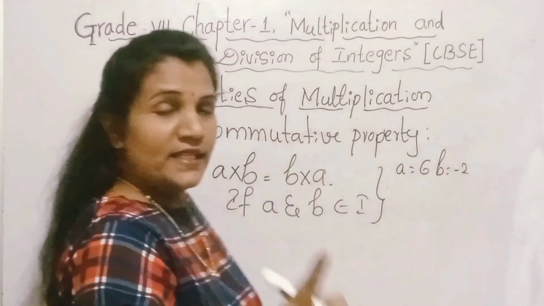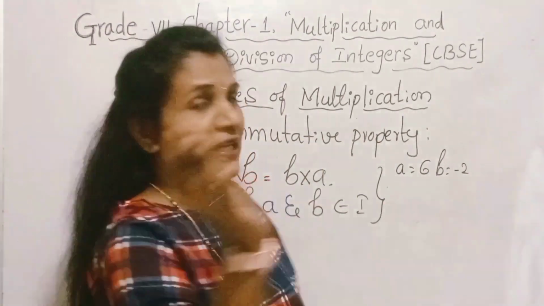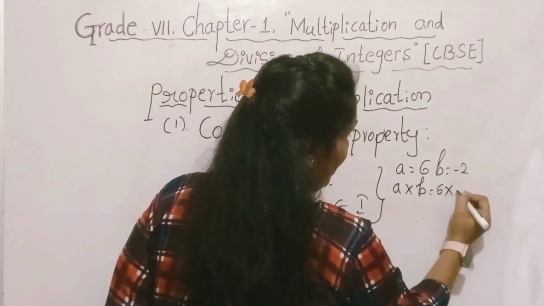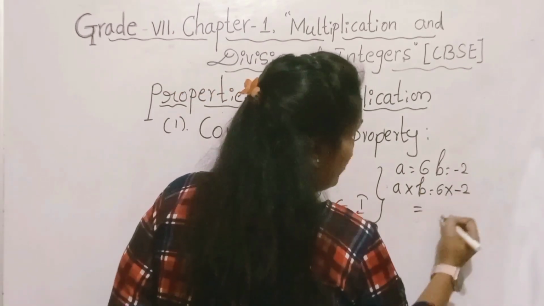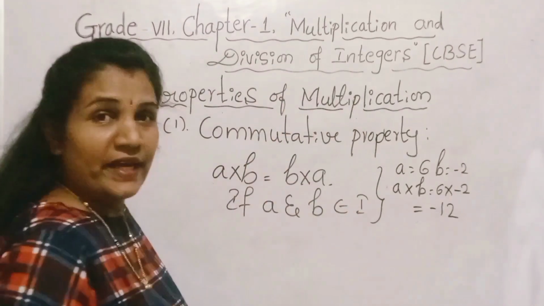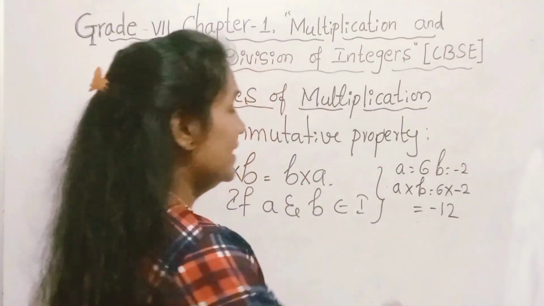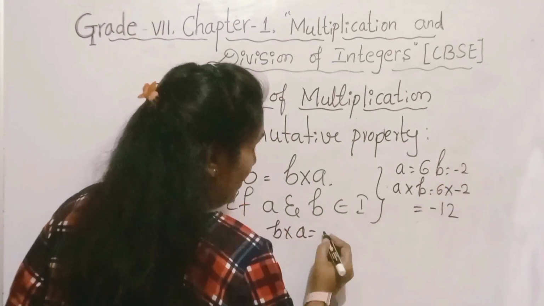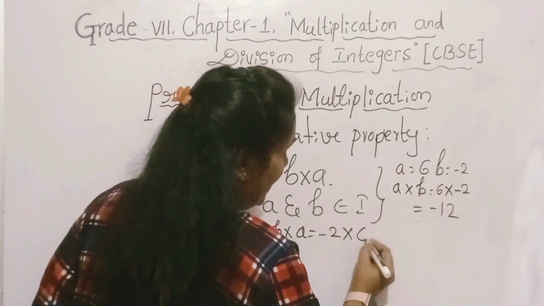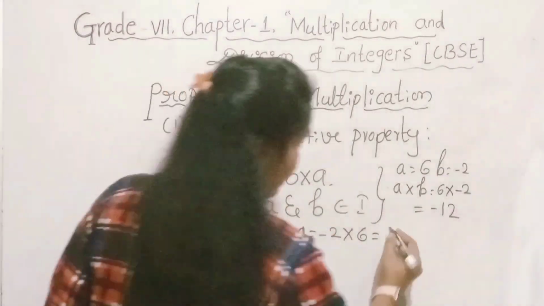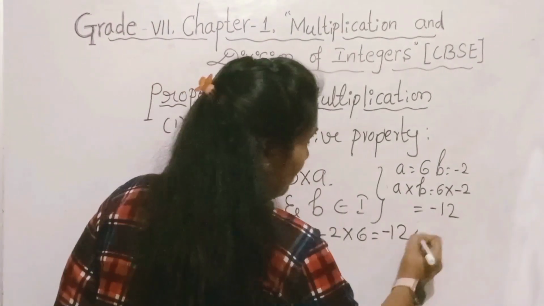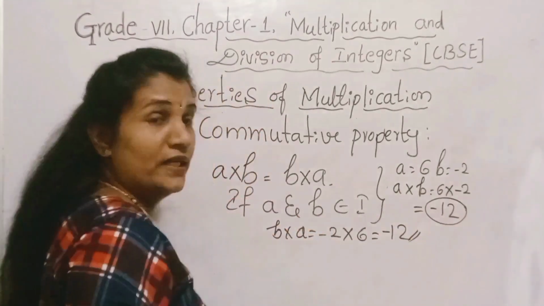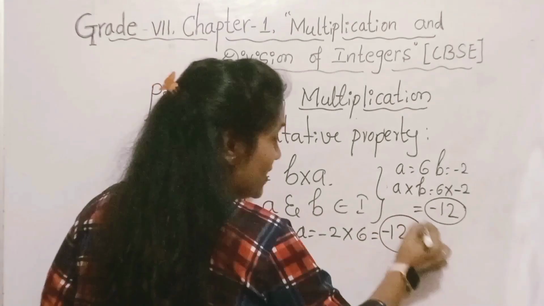Let me check a into b. a means 6 into b means -2, which is equal to 6 2s are 12, plus into minus is minus, that is -12. Now I am taking b into a. b means -2 into a means 6. 2 6s are 12, minus into plus is minus. Here see, a into b is -12 and b into a is also -12.